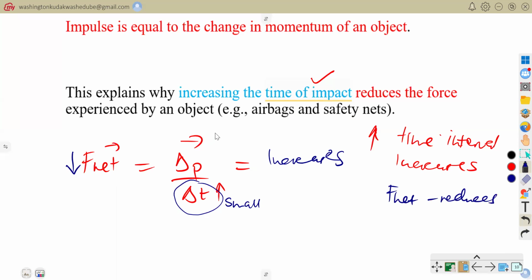So you would see that by decreasing the time that you need to land, you are increasing the force of impact. If you increase that force of impact, you increase the damage that would occur on you.